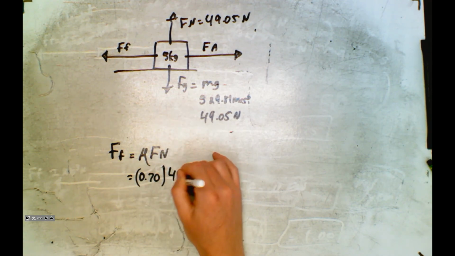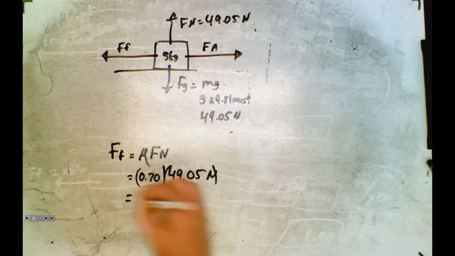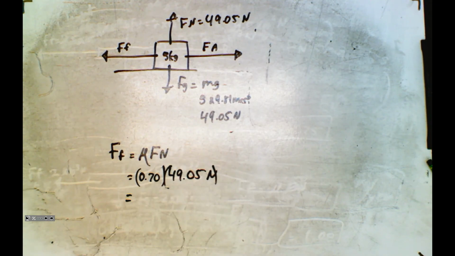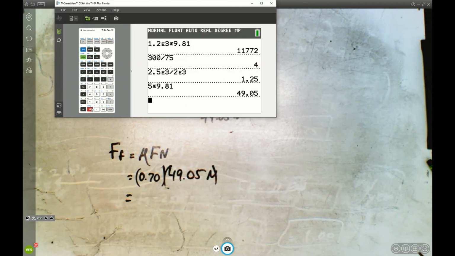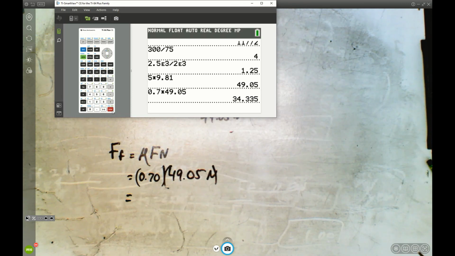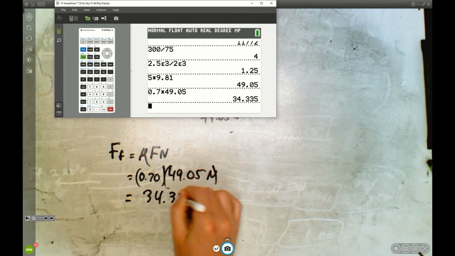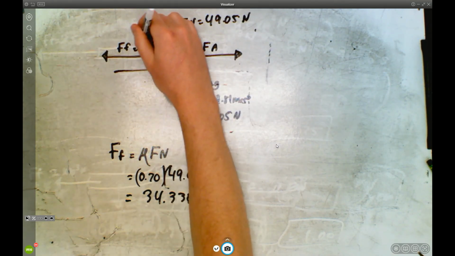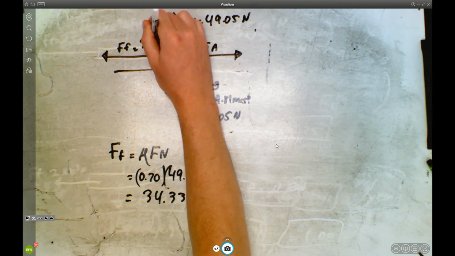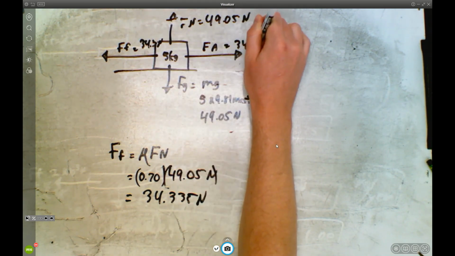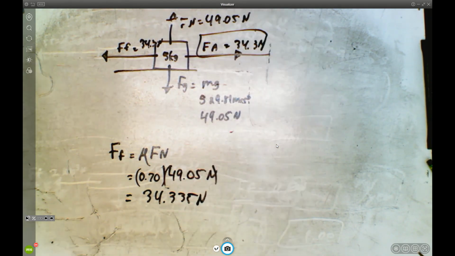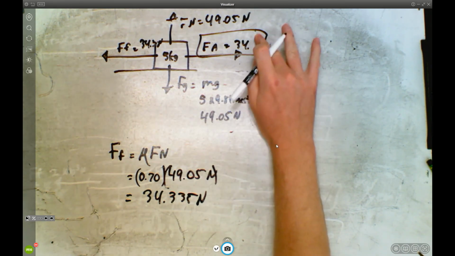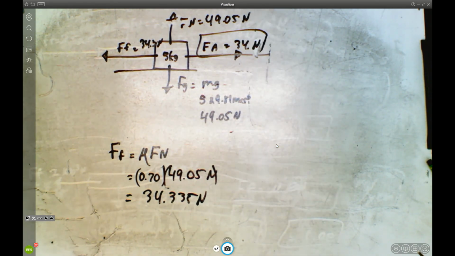Our force normal is 49.05. 0.7 times 49.05, I get 34.335. We know that it's moving at a constant speed, so if this is 34.3 newtons, then this is 34.3 newtons. I have 2 sig digs, so it'd just be 34 newtons as my final answer.